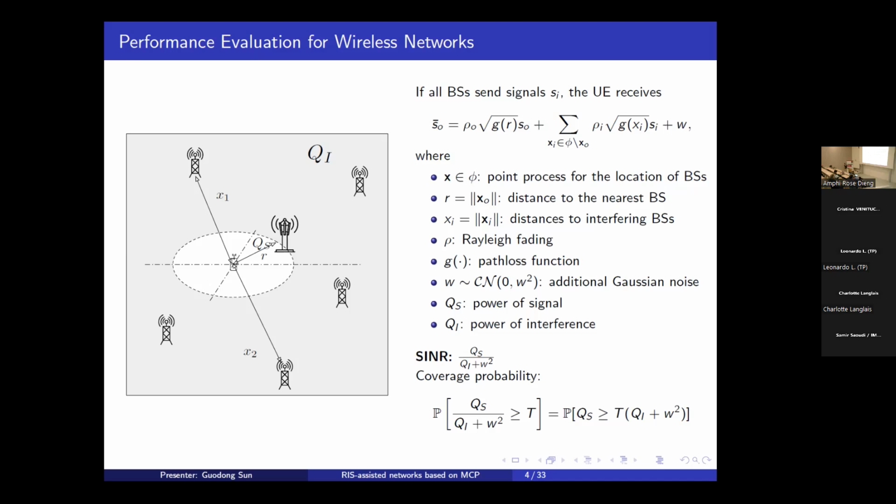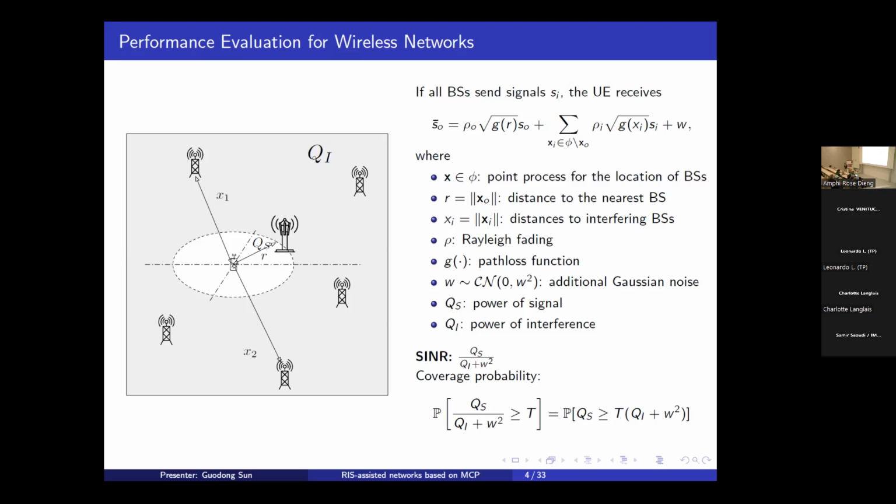Here are some typical standard notations. We denote the locations of base stations as a point process. Its location is X. For the associated base station you have a distance to it, and to all other base stations you denote the distance. Then we use rho to denote fading, considered Rayleigh for simplicity, and the path loss function. The signal also suffers from some noise.